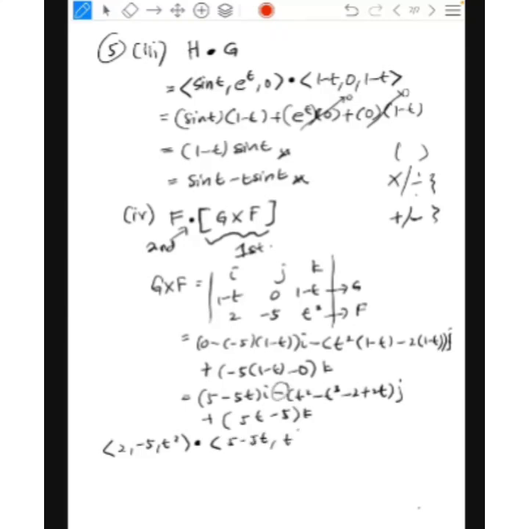So negative t to the power of 3 minus t squared minus 2t plus 2 and then 5t minus 5. Then you have 2, 5 minus 5t minus 5.